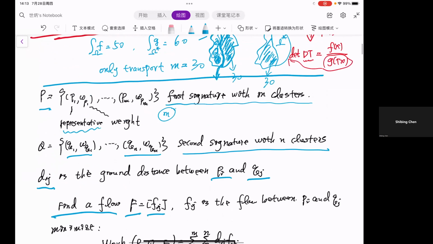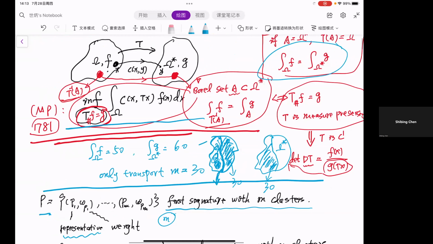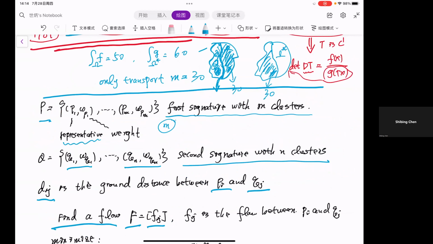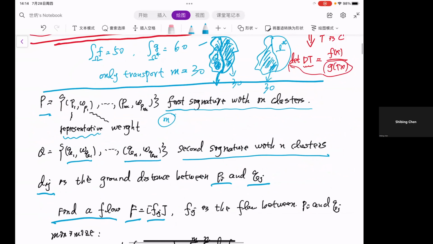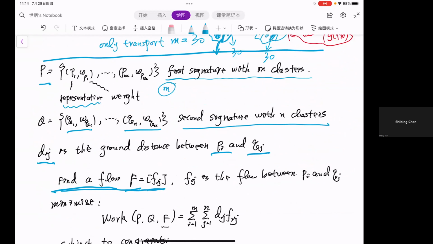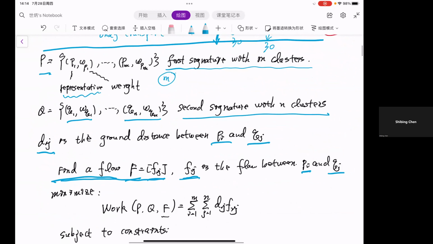In the classical problem, I just use the mapping T, where for example X can be mapped to only one location, but here the mass can be split. So we want to find a flow F, basically a transport plan. Small Fij is the flow from Pi to Qj. You can think of it as the mass transported from Pi to Qj.